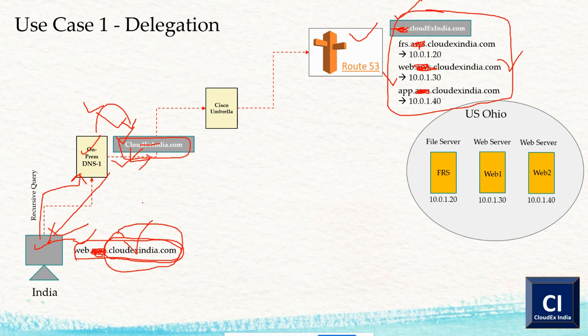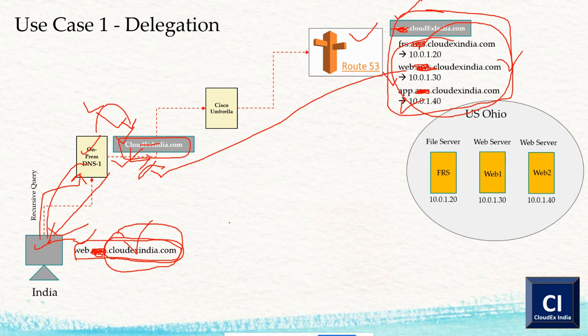Okay, so what you can do if you want to keep the same name, however it is not recommended, but take an example, if you want, then you have to duplicate the record. Whatever entry you have created over here, the same entry you have to create here manually, so that when a client comes to it, this DNS should find a record for web.cloudxindia.com.